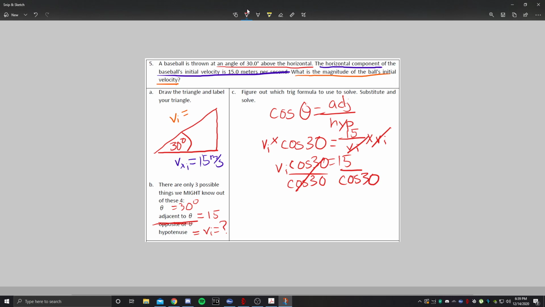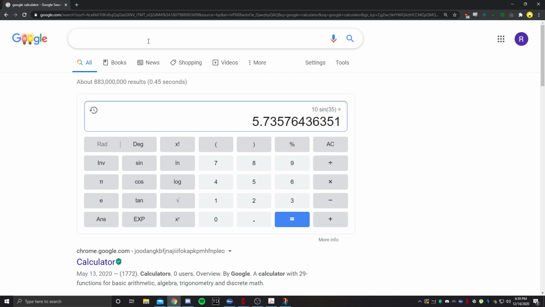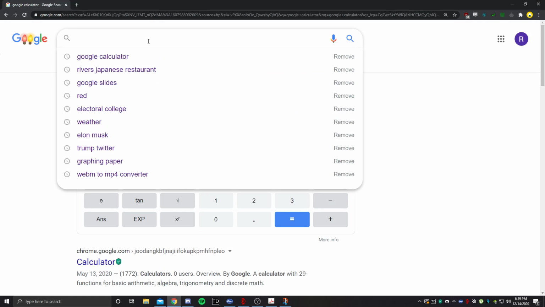Again, we brought the Vi over from this side to the other side. Now we want to get Vi by itself again, and we want to divide by cosine 30. So Vi is 15 divided by cosine 30.